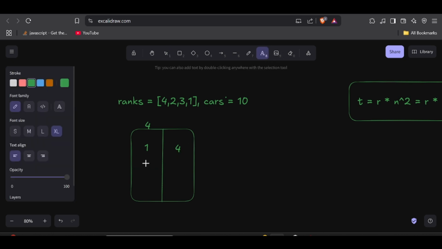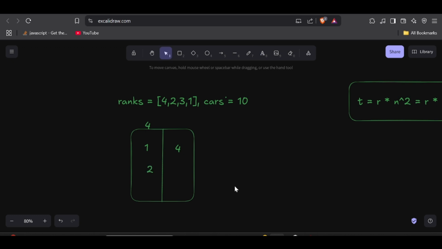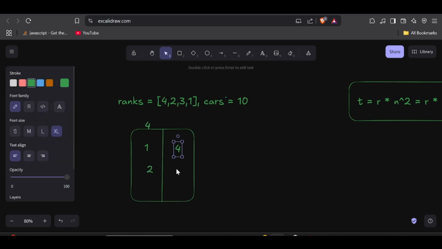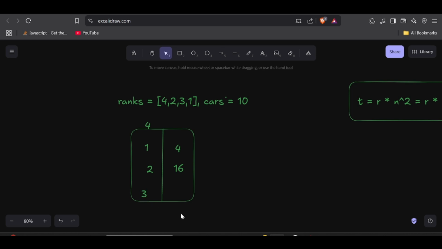And if it wants to repair two cars, how much time will it take? It will be R into how many cars it needs to repair? 2 into 2. So 2 into 2 is 4, 4 into 4 is 16. So it will take 16 minutes to repair two cars. Now let's say it has to repair three cars.